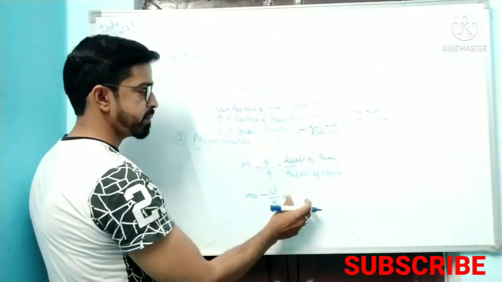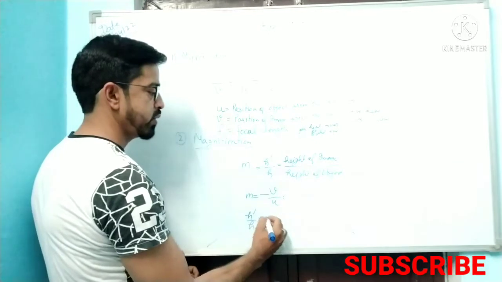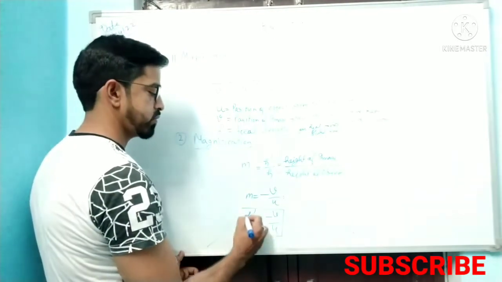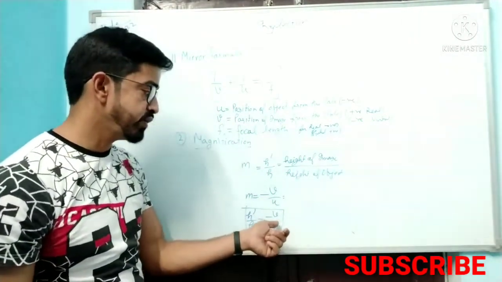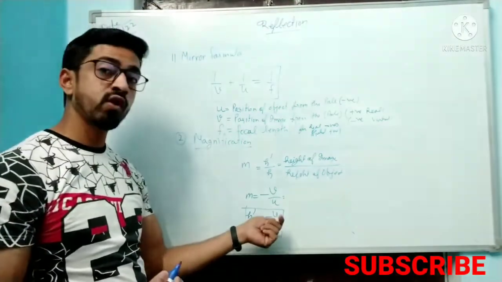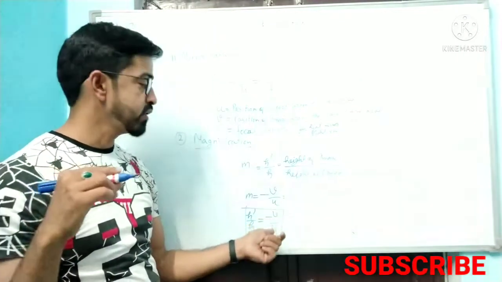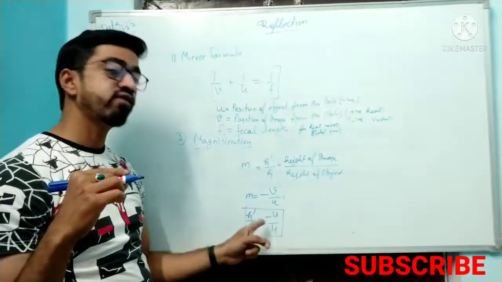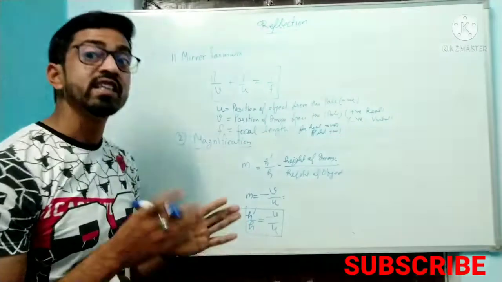Now compare it: h dash upon h is equal to minus v upon u. Height of the image is given, and suppose v upon u is always negative if your image is real. In that case, the two minus signs cancel, and finally the answer comes in the minus, and the minus sign shows that it is real.